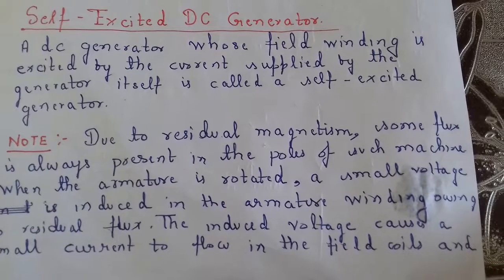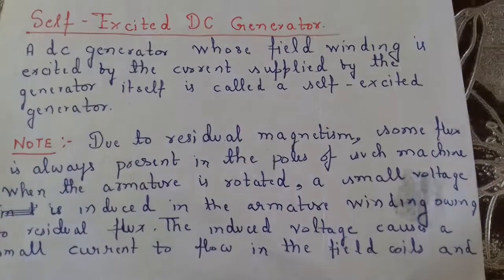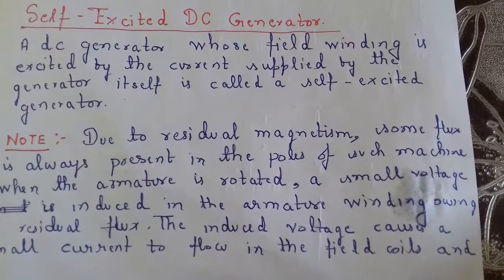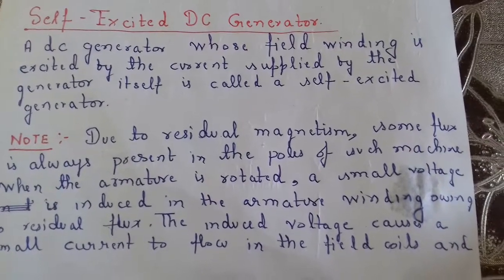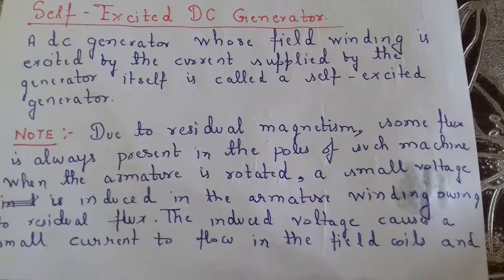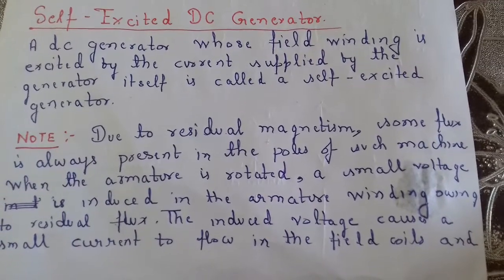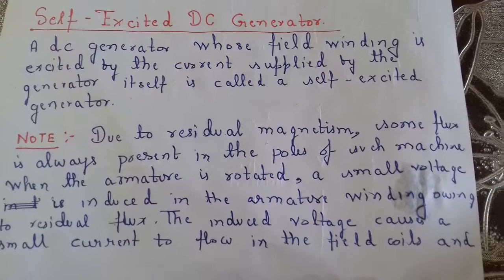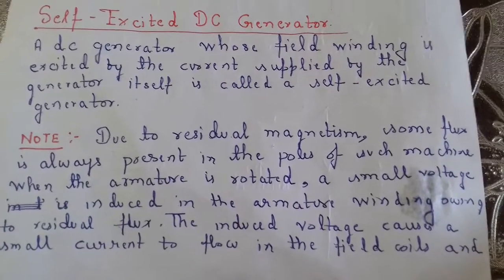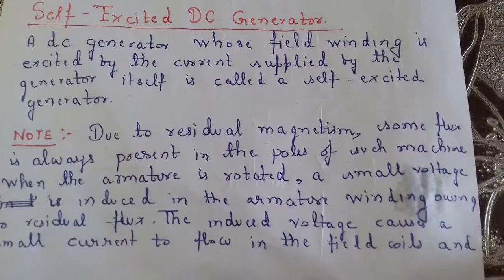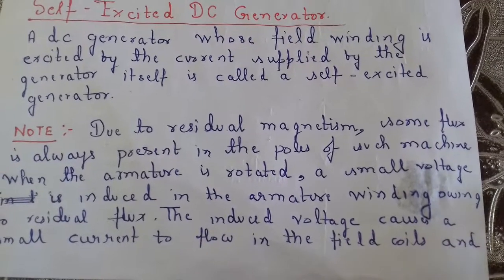As the armature rotates, it will cut that residual magnetism, and this flux cutting action will induce EMF in the armature. And as the EMF is induced in the armature, current will start flowing in the field winding, and the flux will start to produce.